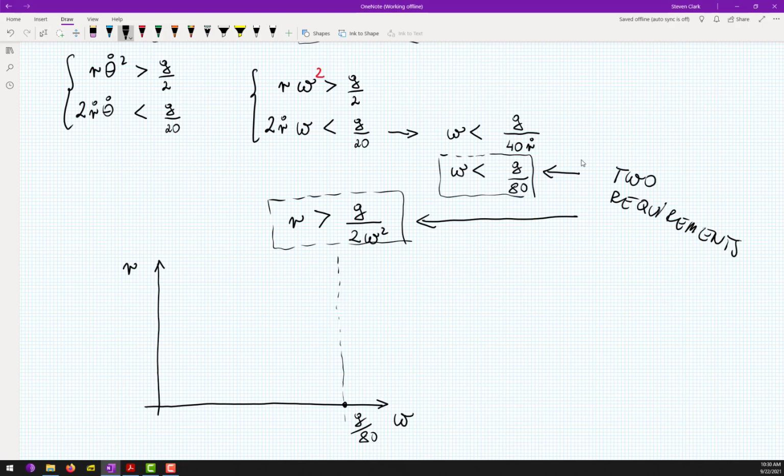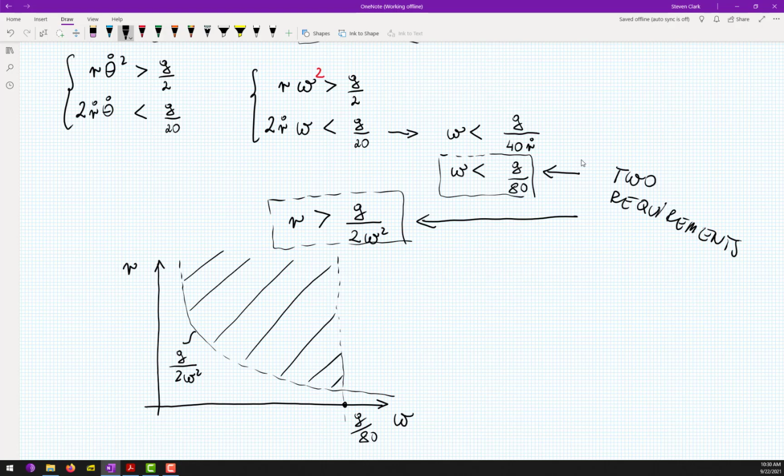And also, R must be larger than this function, I believe. This is how that function looks like. It's kind of a hyperbolic function, yeah? So this is G divided by 2 omega squared. Correct me if I'm wrong. I think this is how that function looks like. Okay, and this is our suitable range, because we have to be larger than that function, but smaller than this vertical line. So this is our answer.